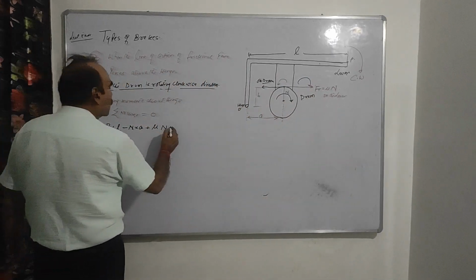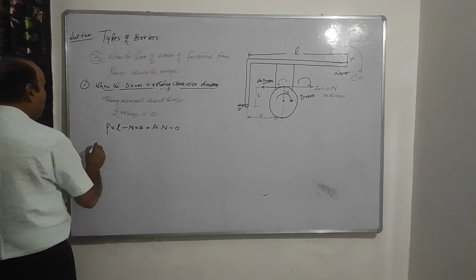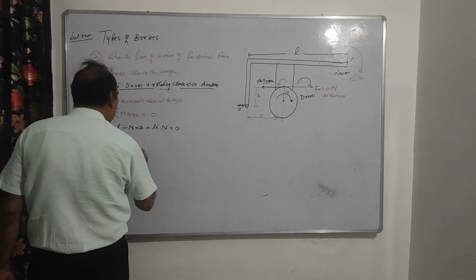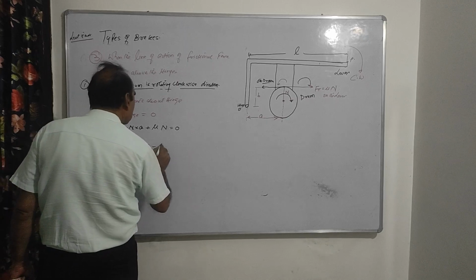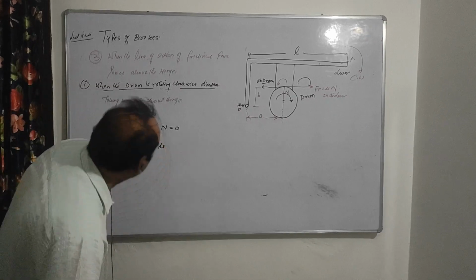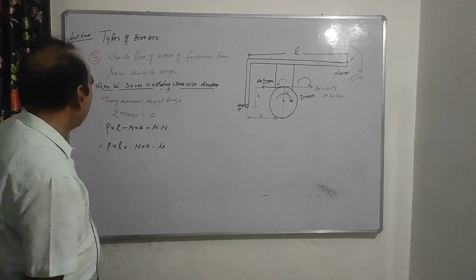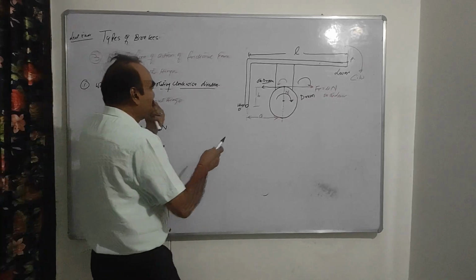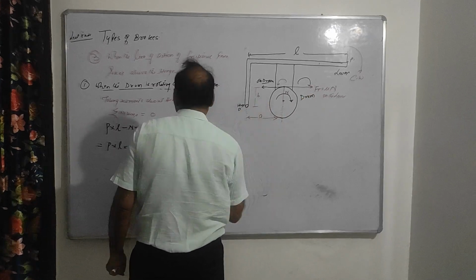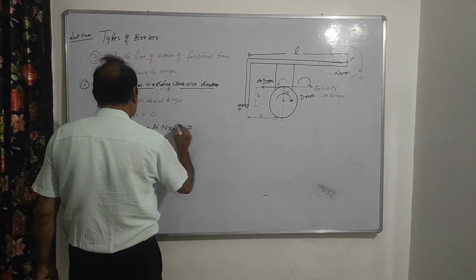So this is equal to 0, right? Therefore, P into L plus mu N into B, where this distance is B, minus N into A is equal to 0.